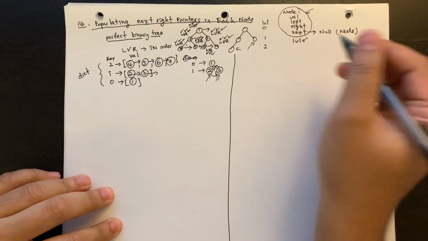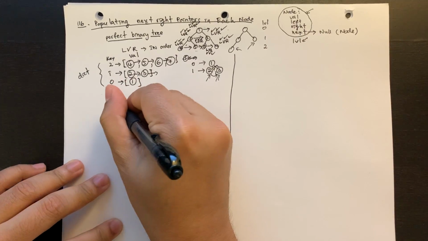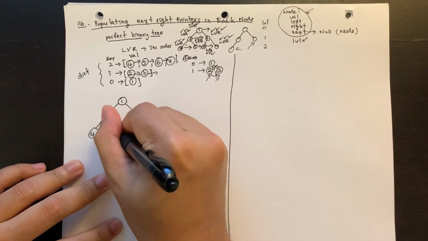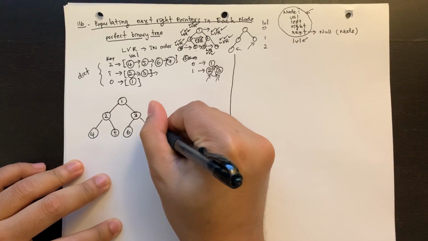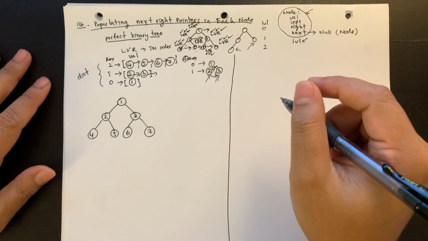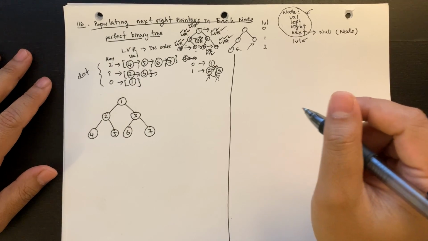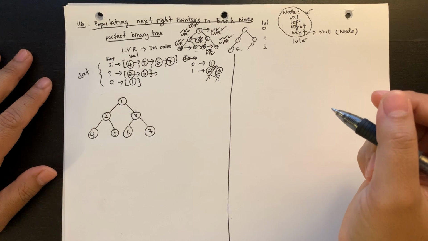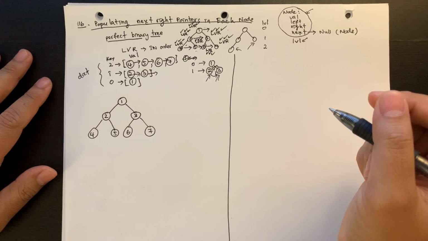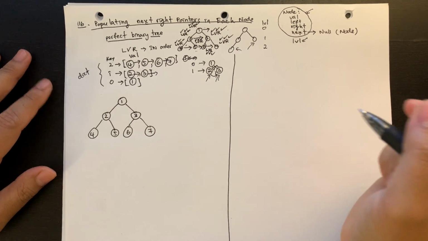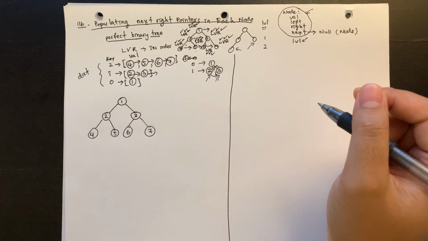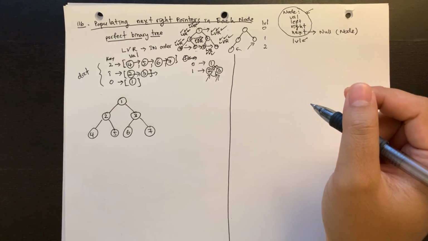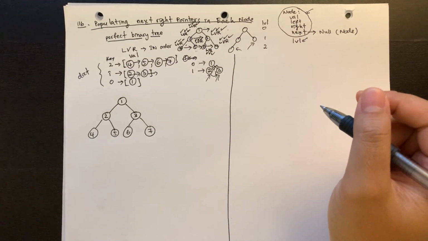So let me redraw the picture one more time. 1, 2, 3, 4, 5, 6, 7. Oh, I have an idea.